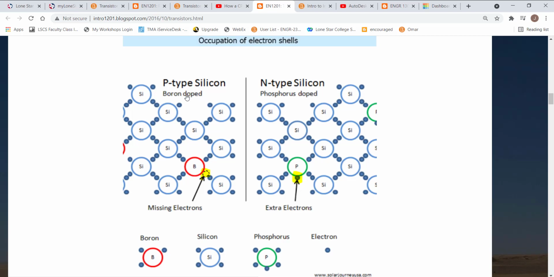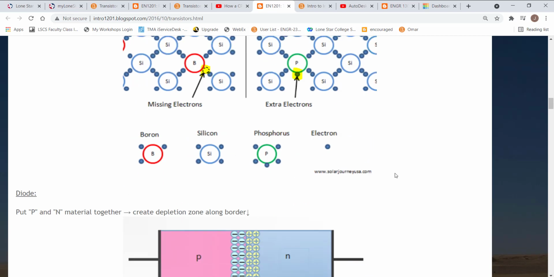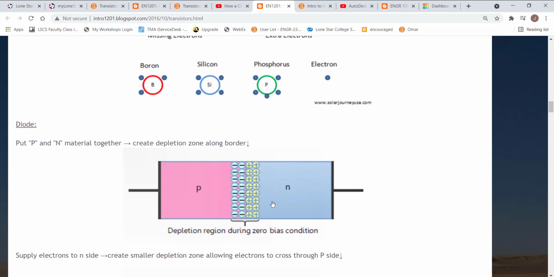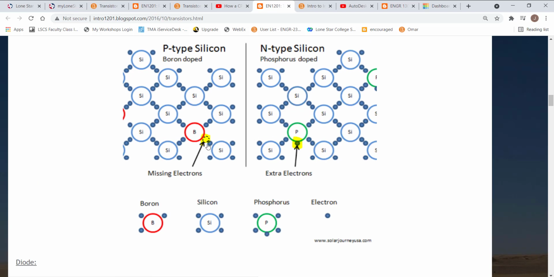So if you put this p-type and n-type material together, you can maybe guess what will happen. This extra electron that's not bonded is going to get pulled over to this other side just to satisfy the bonds of this thing. Now, something interesting happens when that electron gets pulled over. Now the bonding is happy, but charges are imbalanced.